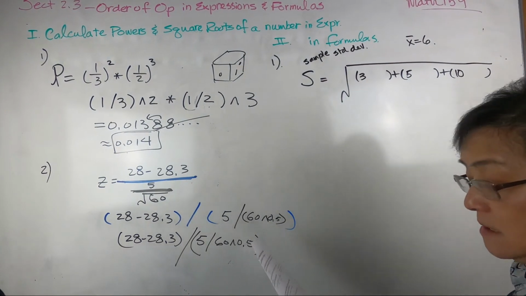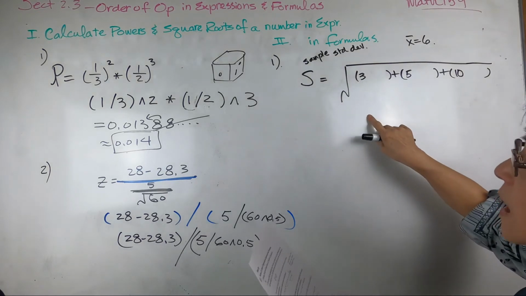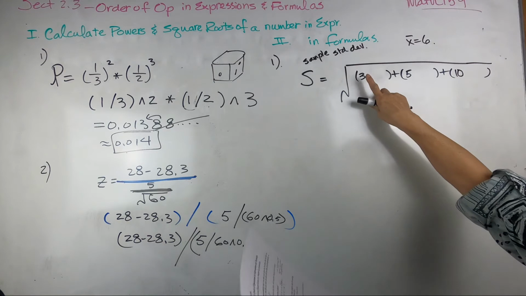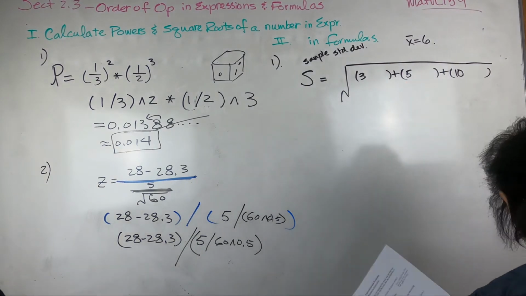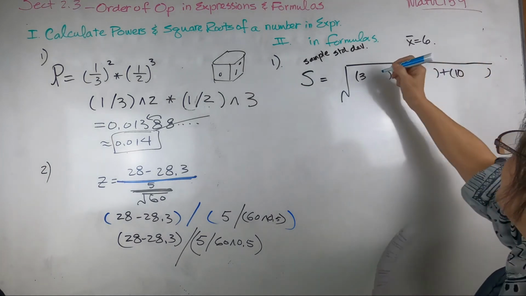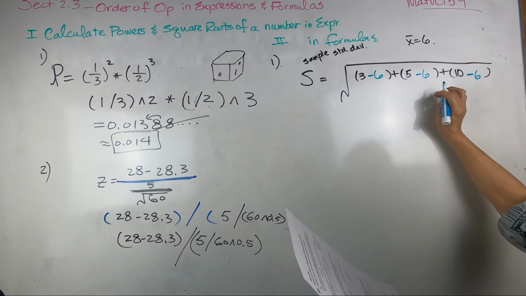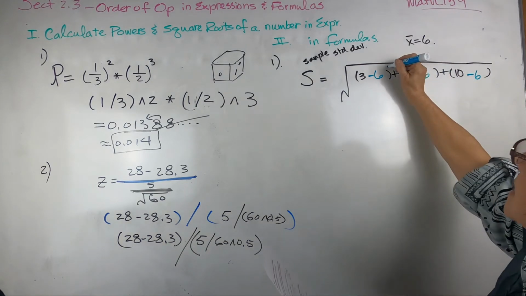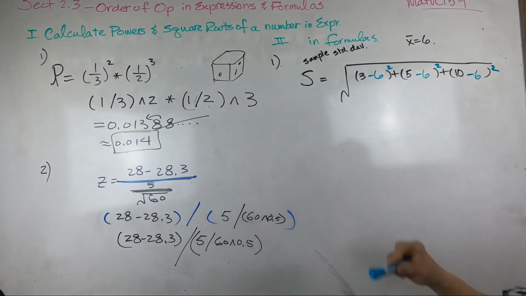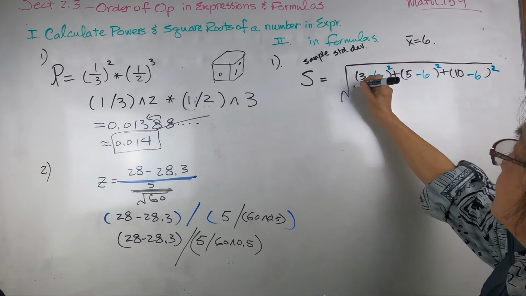Then you have to remember this formula, but now we will give it to you. You will use the individual number minus your mean, the average. Then you take the square, that's the formula for S, the sample standard deviation.